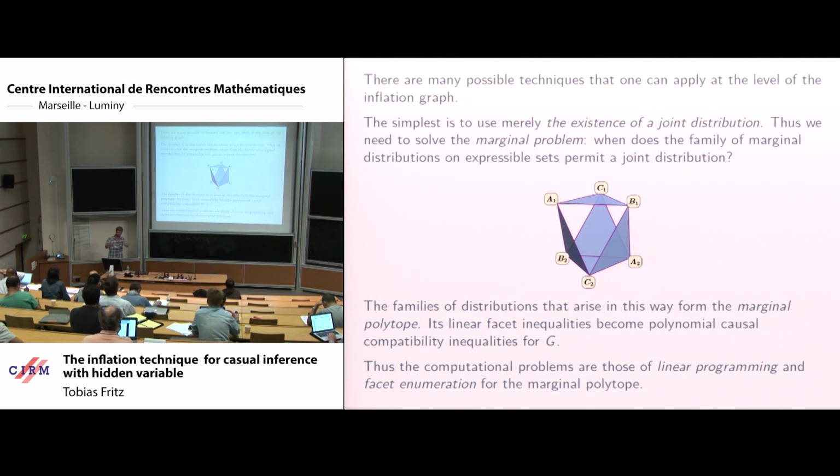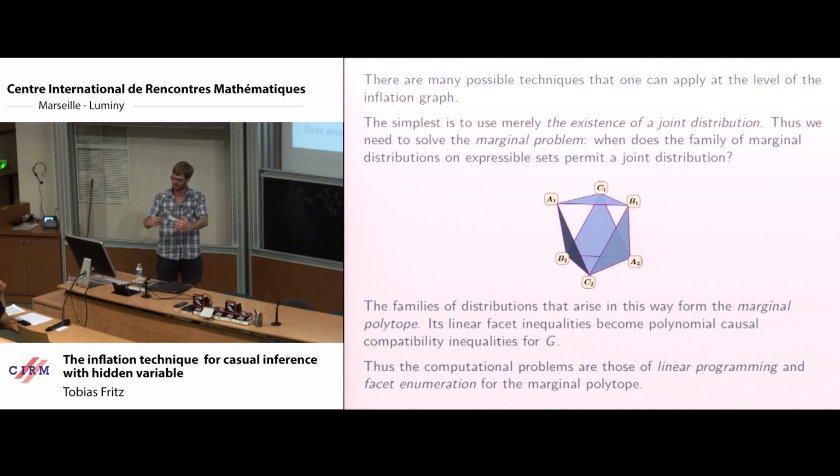You're given a family of marginal distributions, and the question is whether there is a joint distribution that marginalizes to these. This is just a linear programming problem, because marginalization is a linear operation, and it is very easy to do in practice.